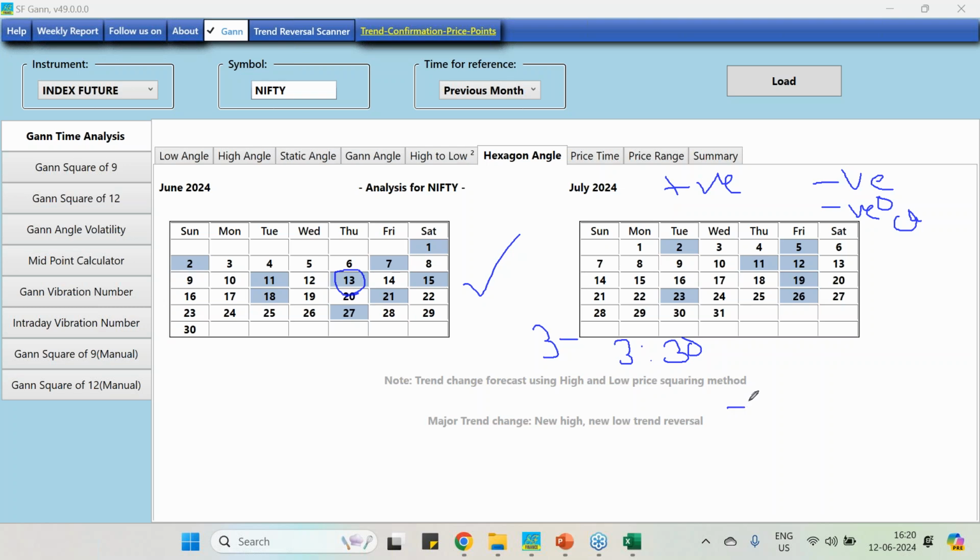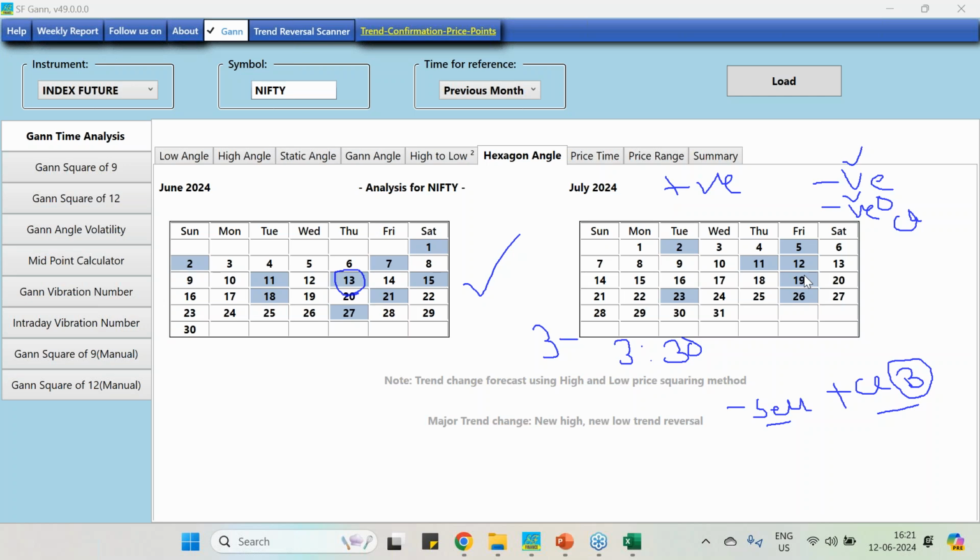Towards the last hour, we will sell the Nifty along with a call option buy as a hedge, because I do not recommend a blind sell. Sell the Nifty, buy a call option along with that to hedge, and tomorrow if there is a negative opening or negative closing, close the trade, book the profit, and come out. This is how we have to work on a trend change date.